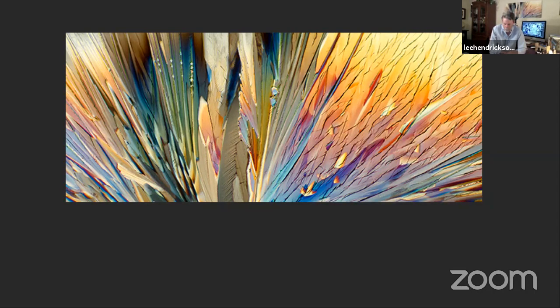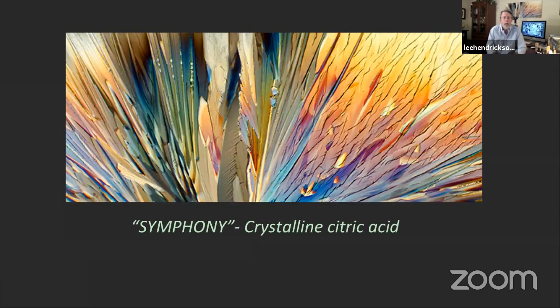It's called Symphony. It's a citric acid crystal. It's a single photo. It's not a composite image. It was very rare to get the crystals to grow like that. Remember, they're growing on the slide from all different directions, and they usually can impede one another.